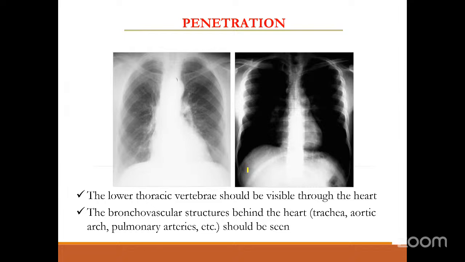If you are unable to see any bronchovascular margins and the whole of the lungs look pitch black, then this is an over-penetrated film. So we need to find the right spot where, within the cardiac shadow, you should be able to differentiate the lower thoracic vertebra and appreciate the bronchovascular markings. If you err on either side, you get either an underpenetrated or an overpenetrated film.